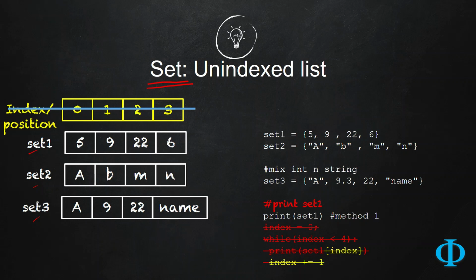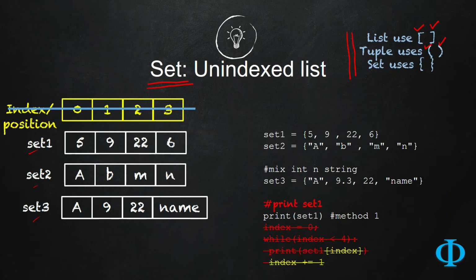The difference is, first let us discuss the syntactical difference. As you can see in here, while initializing or storing the data items, list utilizes opening and closing box brackets, whereas tuple utilizes opening and closing parentheses, and in case of set it uses opening and closing curly braces.